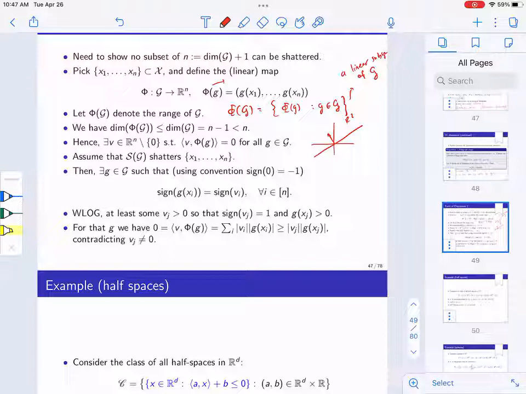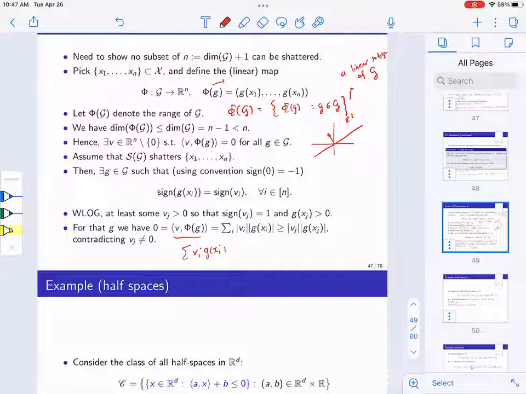For that G, this holds because it holds for any G. And then it's just the summation of vi G(xi), and these have the same sign. By definition, this is bigger than 0, so it contradicts that this has to be 0. There's a contradiction, so there can't be any set that can be shattered.